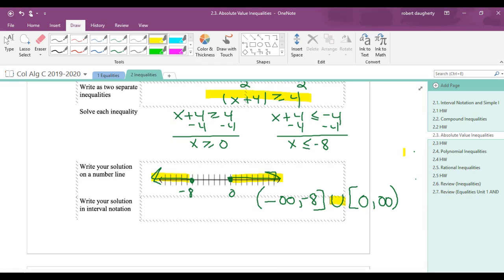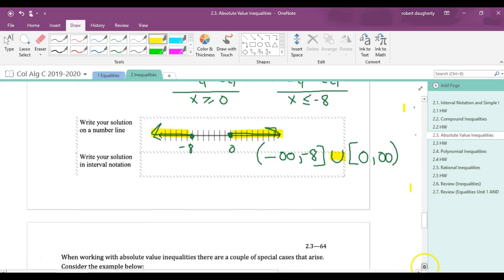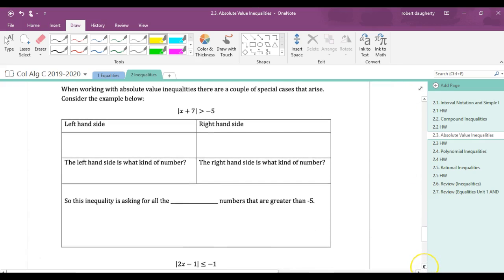Now, one thing you have to pay very close caution to are problems that look like this. These are a couple of special cases, okay? So x plus 5 greater than negative 5. So here's what you have to do. When you've got the absolute value isolated, and you got a negative number over here, you have to pay close attention.